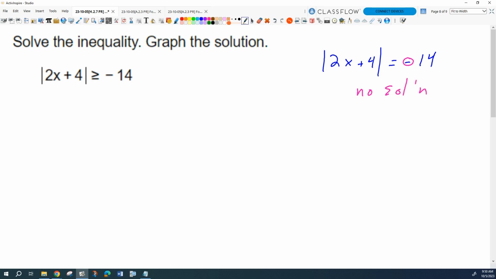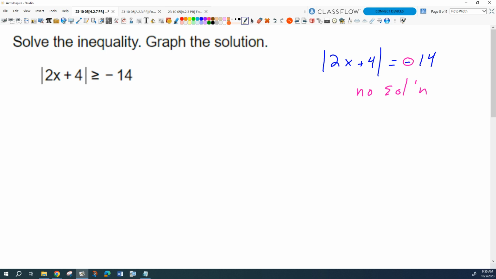But with inequalities, it may or may not be possible. So what does this mean? If I have the absolute value of something is greater than or equal to a negative, they don't both have to be true. It's greater than or equal to. Well, it can never be equal to, but for what values of x is that absolute value going to be greater than a negative number?